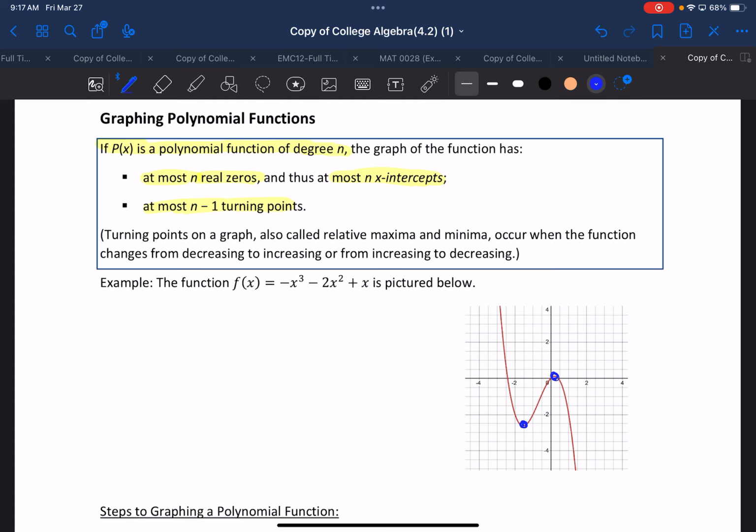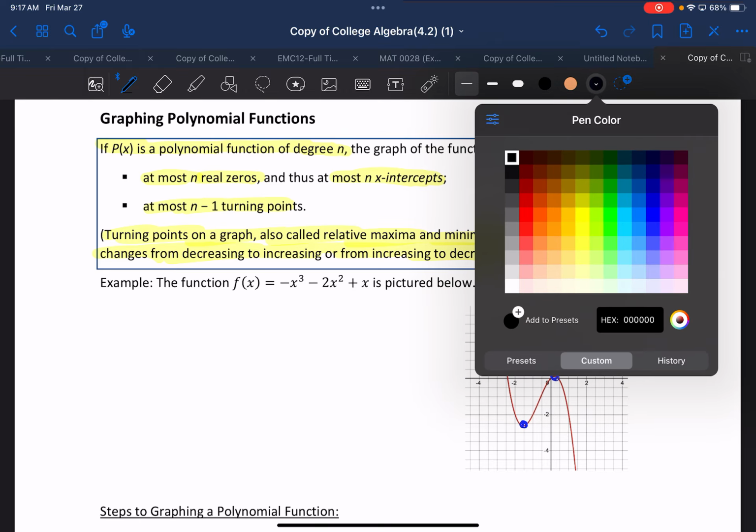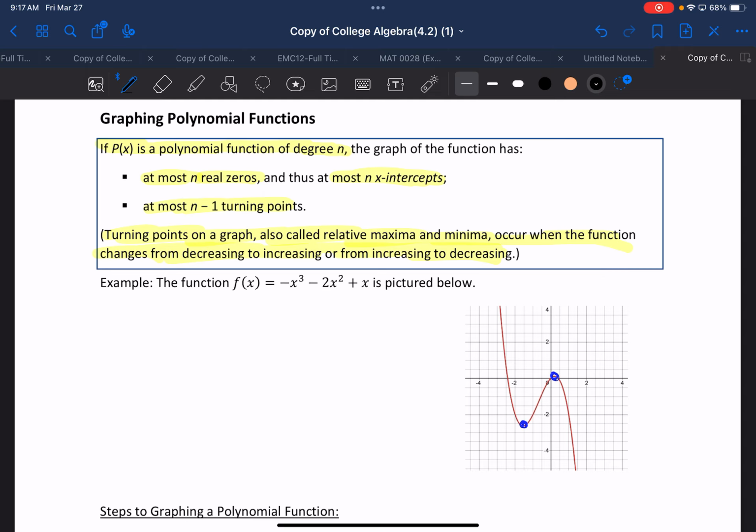Those are my 2 turning points of that function. And that is also, like we learned, the local min and the local max of that function. So they're the same. That's what this point says about the turning points. It is always 1 less than the degree, at most, how many turning points a polynomial function can have.